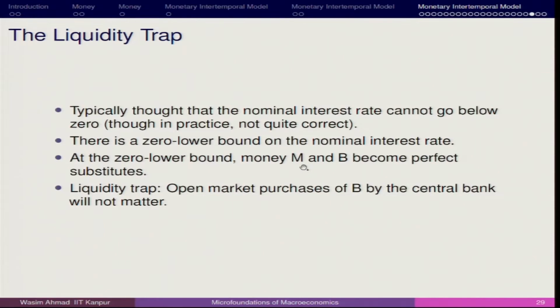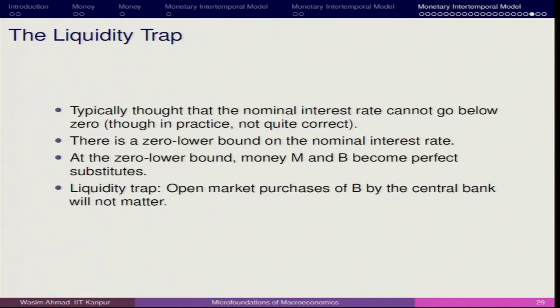Since I have two instruments here, money and bond, individuals have the option to choose. At the zero lower bound, money M and bond B become perfect substitutes. If money and bond holdings become perfect substitutes, it means that if the rate of interest offered on money and on the bond is the same, then you have the liquidity trap situation. Individuals do not have any incentive.